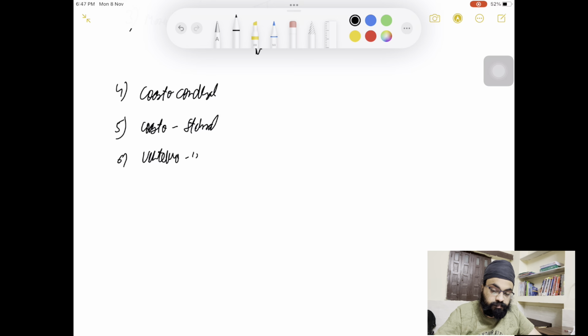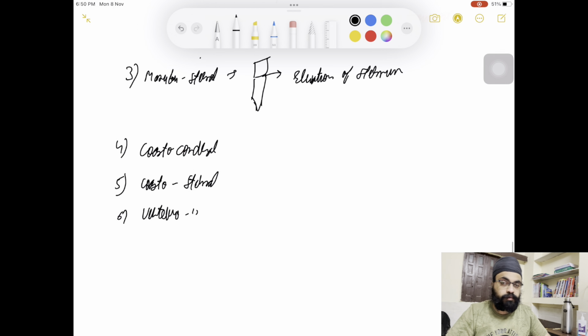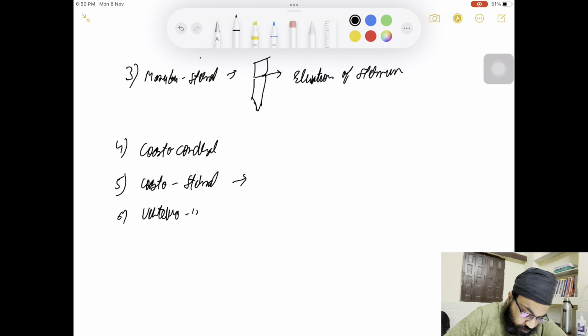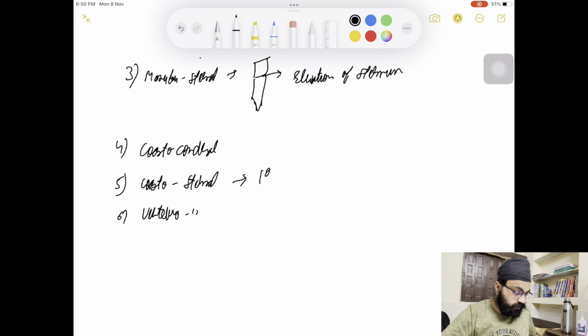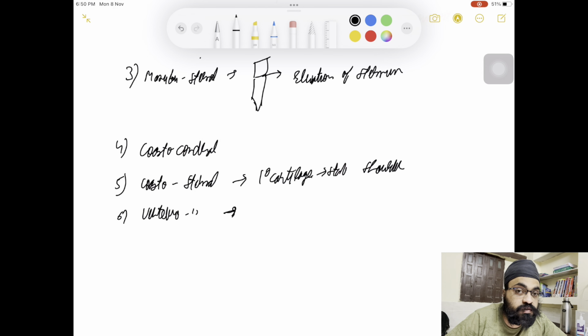Okay, so let's continue now. So we were at the joints. So the costosternal joint is basically a primary cartilaginous joint, and it basically stabilizes the shoulder and has no such role in respiration as such, but stabilizing the shoulder is very important for respiration directly.